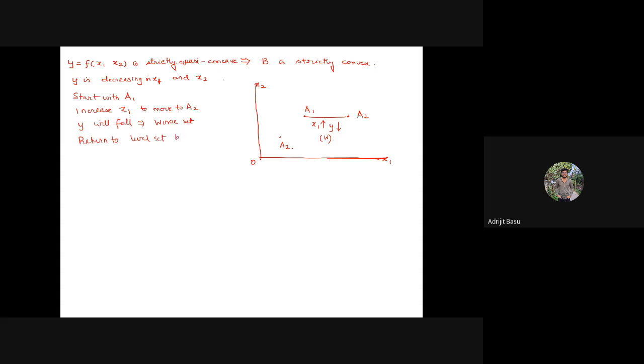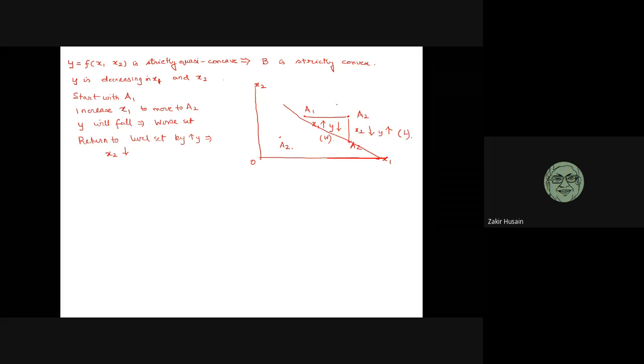For that, we need to decrease x2, because by decreasing x2 we can increase y. So I return to the level set. This is A2. So the level set will be like this.